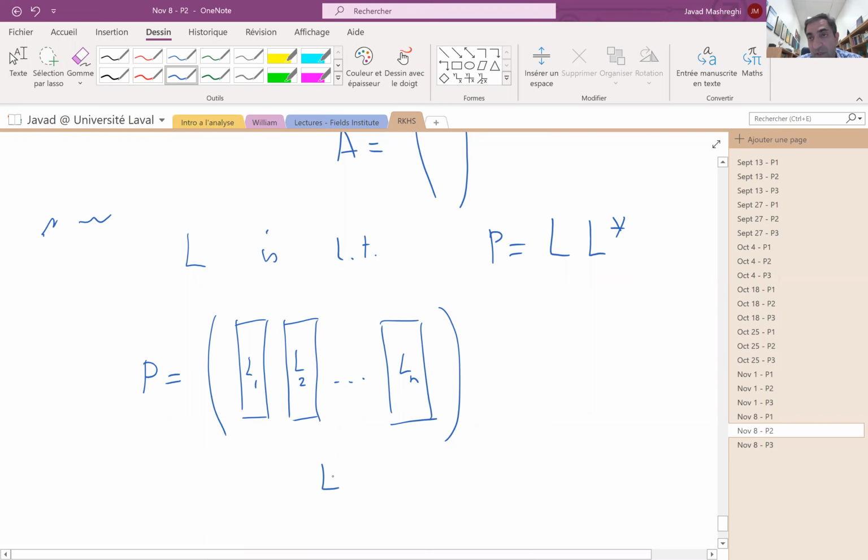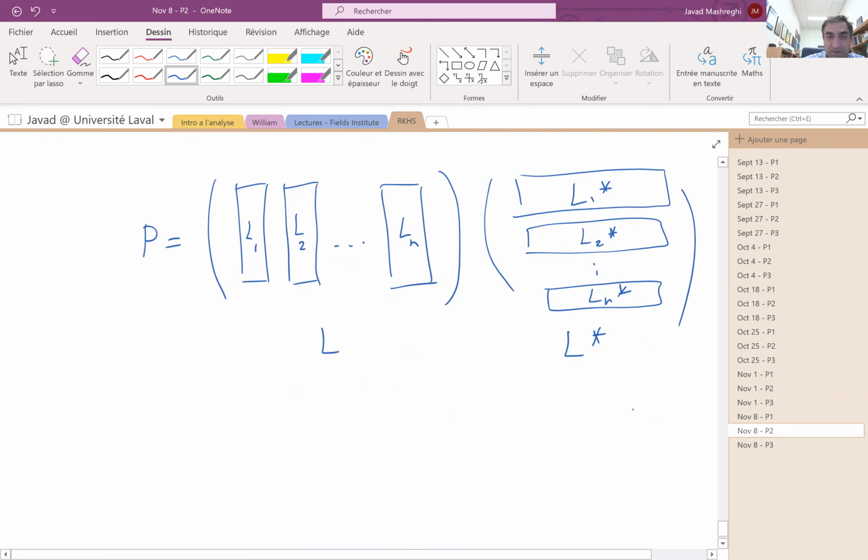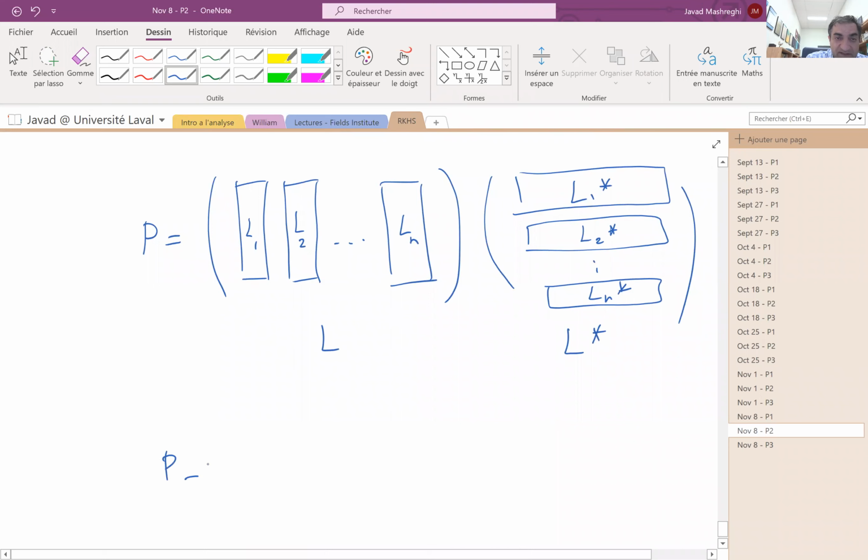And the rows of L star, and you know what the rows of L star are, because it's L1 star, L2 star, Ln star. And we saw that this multiplication is precisely L1 L1 star, the first column, the first row, second column, second row, and Ln Ln star.